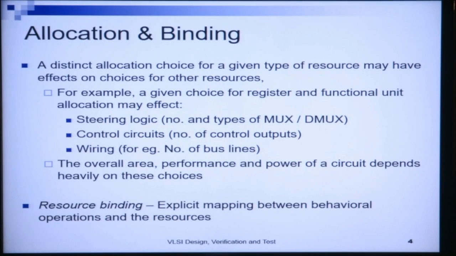So, the register and functional unit allocation step will also determine the complexity of the control circuit. It will also affect the wiring in the circuit. What will happen? Let us say you have buses in your circuit and your registers float their outputs on the buses, your functional units also float their outputs on the buses.